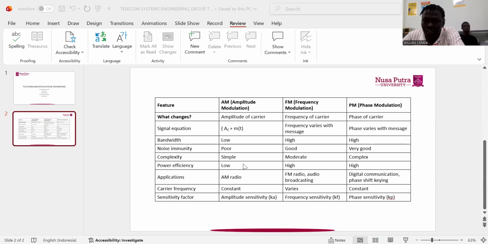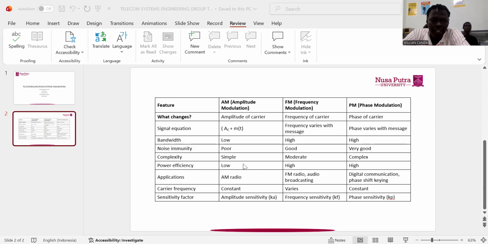Okay, I'm going to explain some part of the work. My friend already did some parts about the coding and others, so I'm going to do the last part, and here is the table that I'm going to explain. It's about AM, which is amplitude modulation, FM, and then PM.